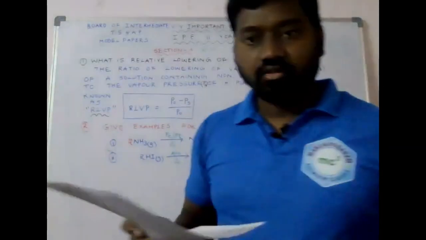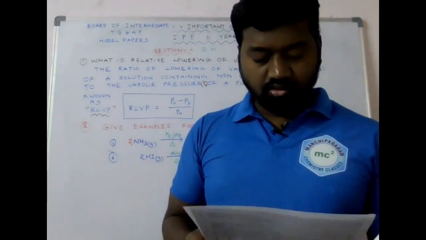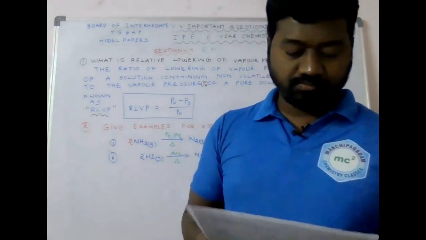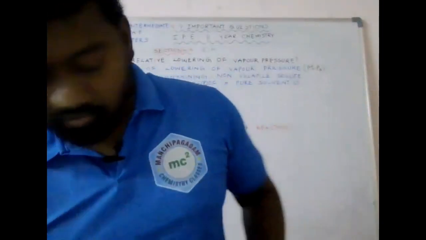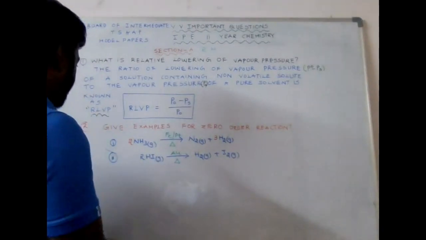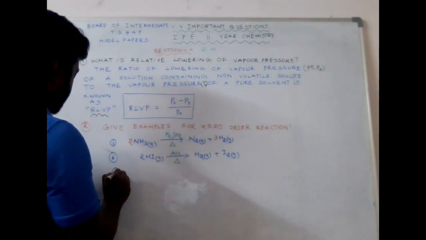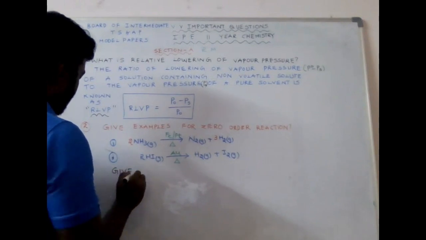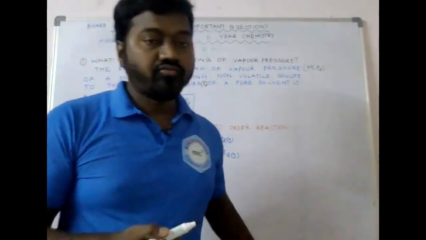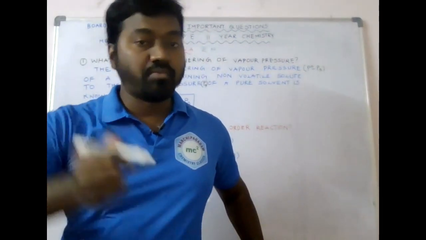The third question we'll discuss is, give the composition of the following alloys. Composition means, first of all, what is an alloy? An alloy is a combination of more than 2 metals, or metals with non-metals also.